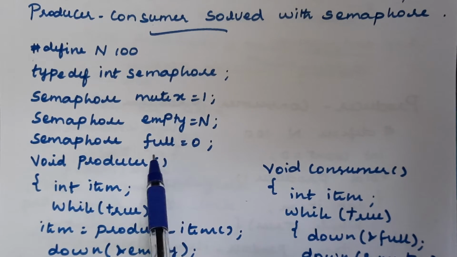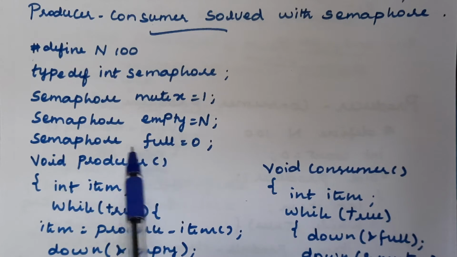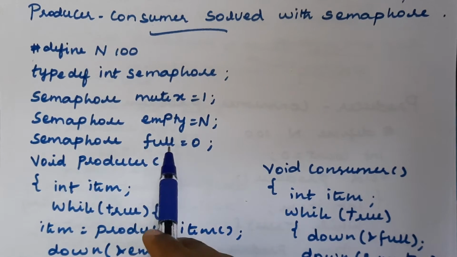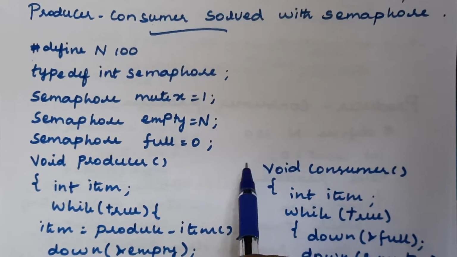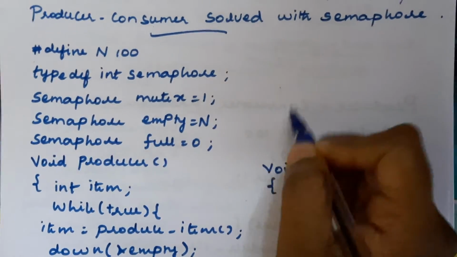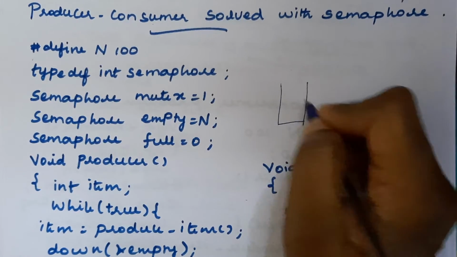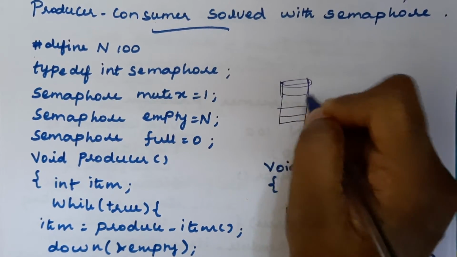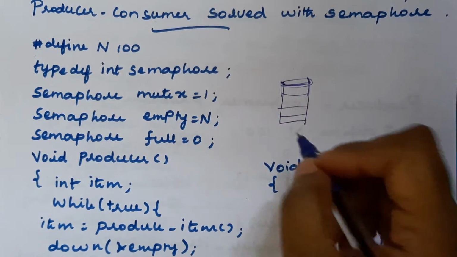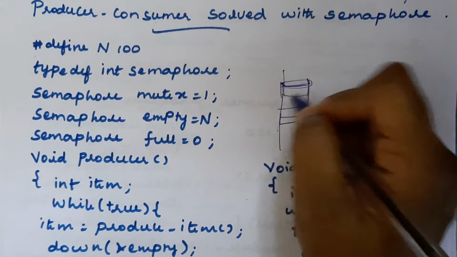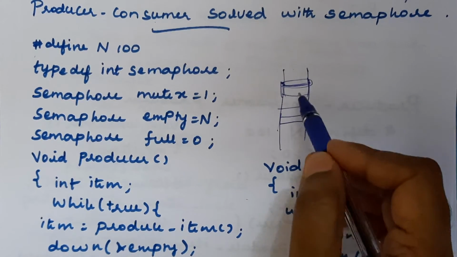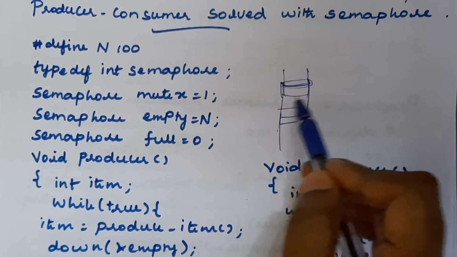mutex, empty, and full. Let me explain what the full variable and the empty variable are. Since we are using a bounded buffer, full is the number of slots that are already full.